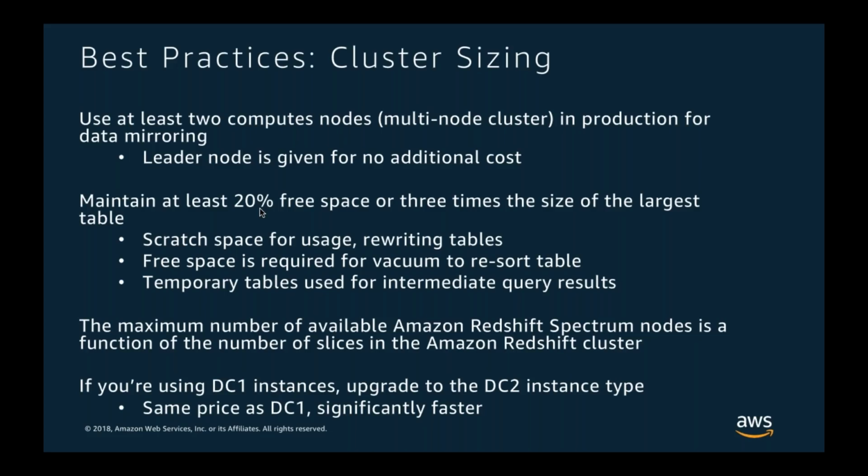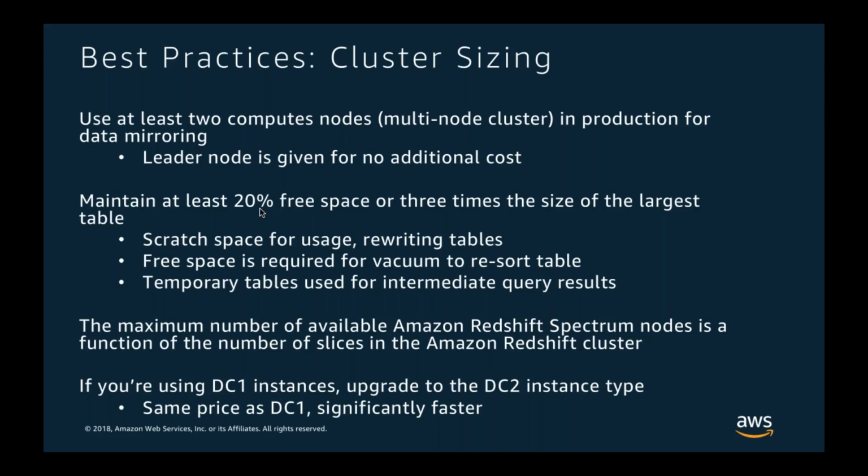If you're running vacuum, we need storage space to resort the table. Temporary tables will use space for intermediate results and so forth, right? So do leave out 20% free space in your cluster, which means that 60 to 70% is what you should look at in terms of overall cluster space utilization. The moment you're hitting 50, 60, you should start thinking about adding more storage to your cluster, right?